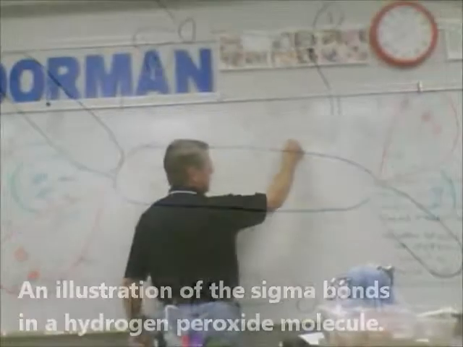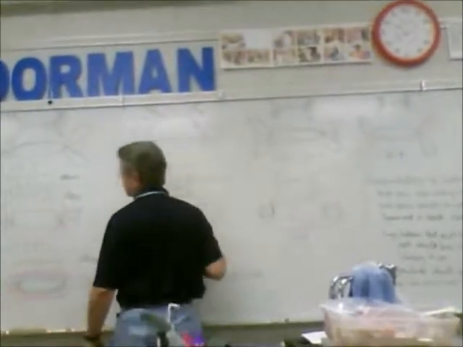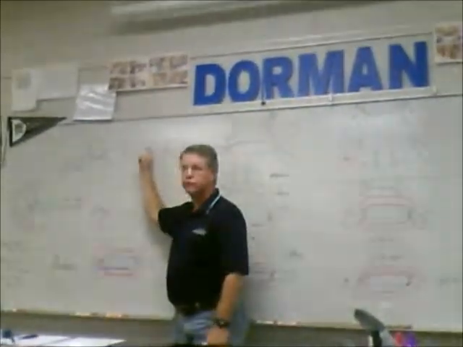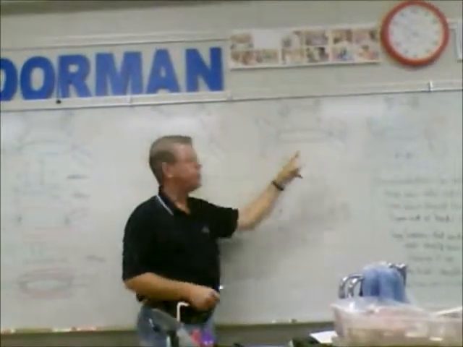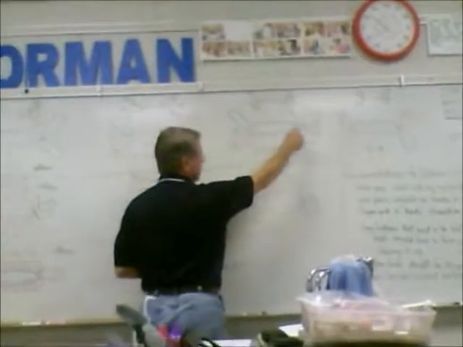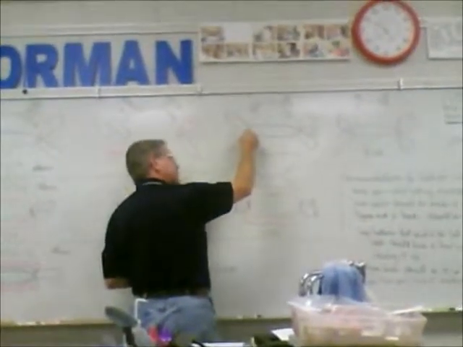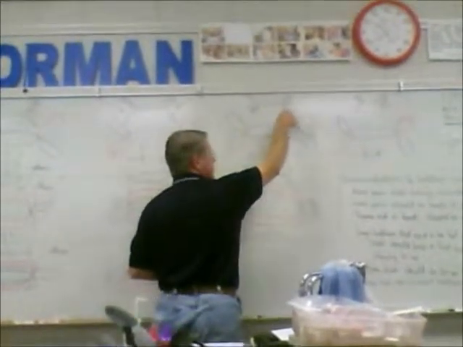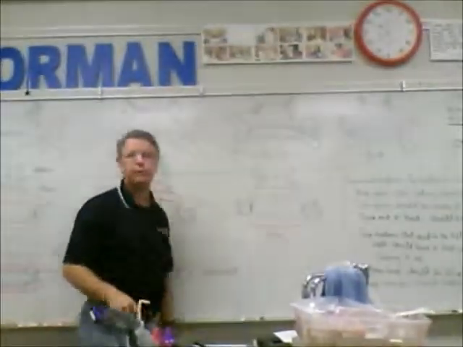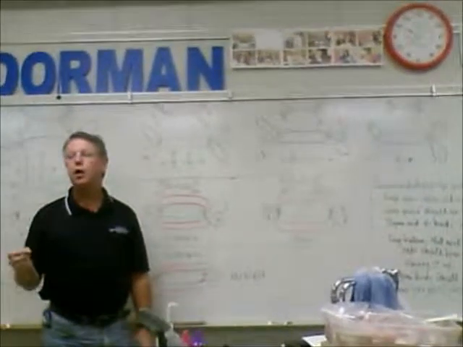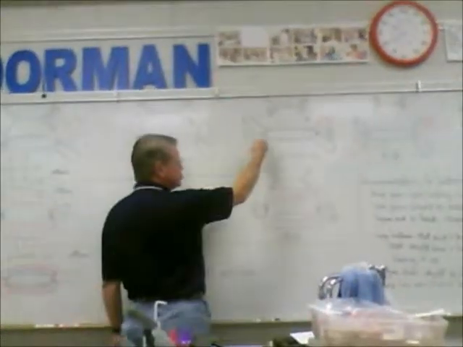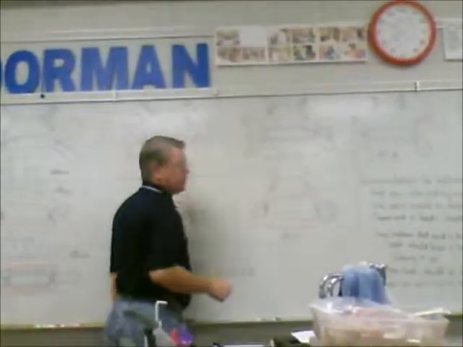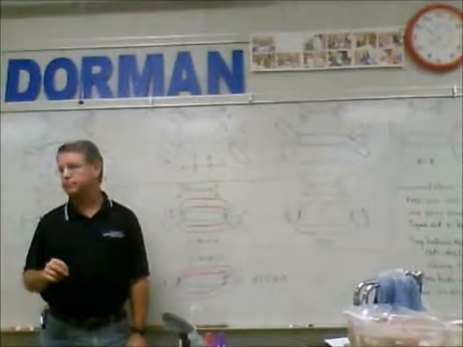So it's going to share a pair of electrons to form this bond. These 2 orbitals here are overlapping and forming this sigma bond. So there's a sigma bond between the oxygen and the oxygen. There's also another sigma bond going out to this hydrogen on the ends. Again, we're not going to make models that show the actual hydrogen, only the orbitals or the bonds. But it has 2 orbitals on each oxygen with nothing but lone pairs in them.